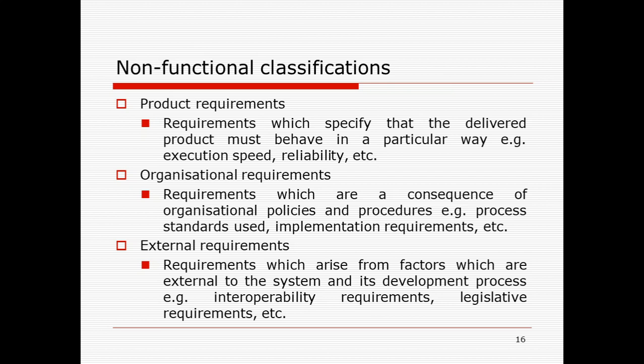All these are constraints bounded by the organizations which are going to use the software. Similarly, external requirements are those provided by the external elements of the software. Suppose some government regulations or external authorities' regulations need to be followed by the software; those become the external requirements. For example, interoperability requirements, legislative requirements, etc. are external requirements.